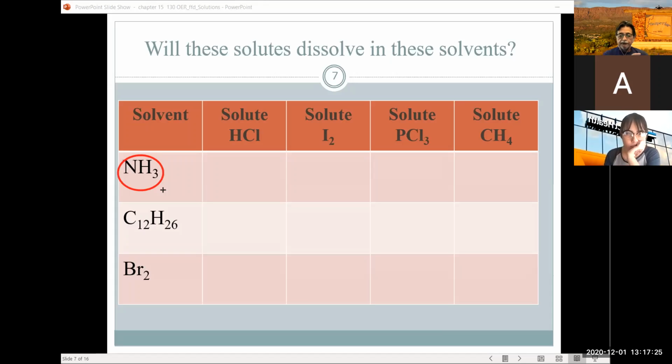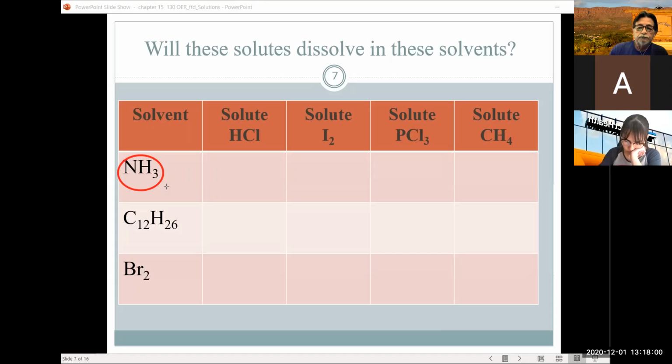And since we have here nothing but carbon and hydrogen, that formula C12H26 does not tell you anything about the structure. All you can deduce from that is that you have nothing but carbon and hydrogen. It's a hydrocarbon. Being a hydrocarbon has nothing but carbon-hydrogen nonpolar bonds, therefore we have a nonpolar solvent. And then we have Br2, which is diatomic, and we know that all diatomics are nonpolar.